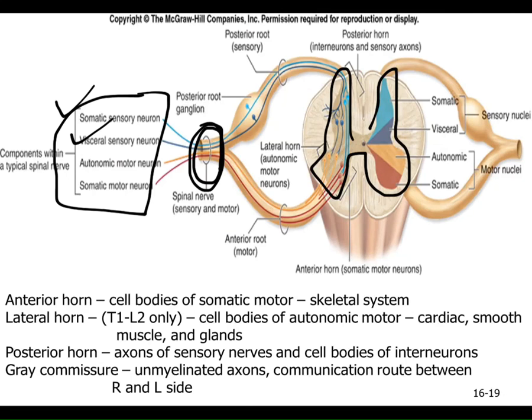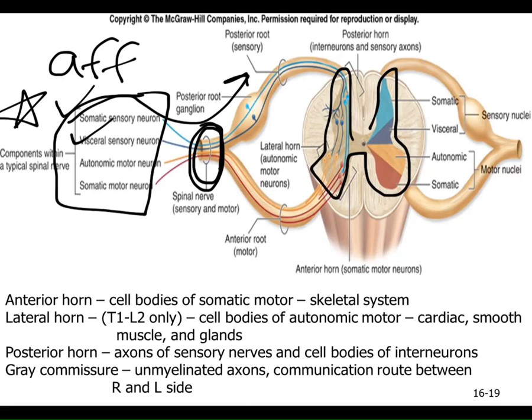Then there's also visceral sensory neurons. Those visceral sensory neurons are bringing information in from your viscera, from your gut, from your heart, right? From all of your organs, deep visceral sensory things. Now remember those two blue ones, they are the afferent, and they're traveling from the outside in, aren't they?